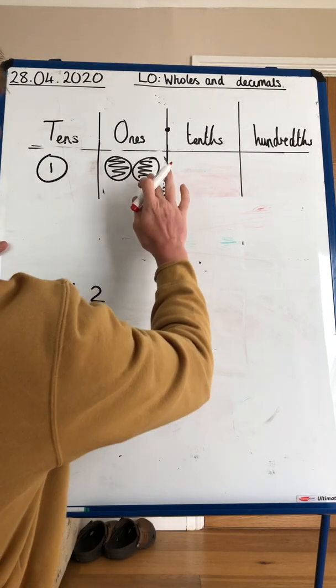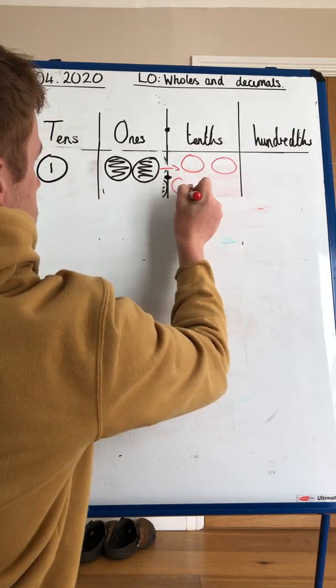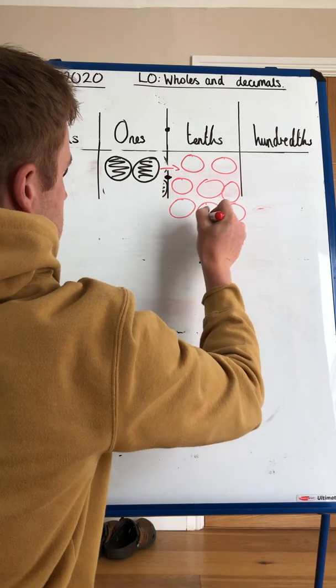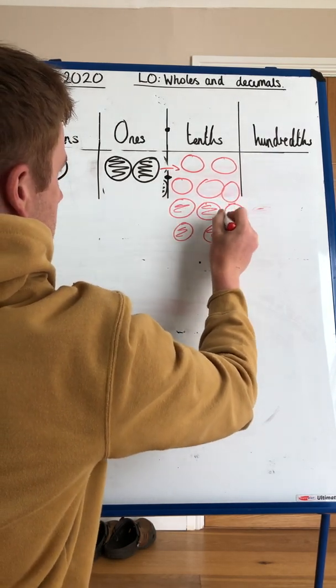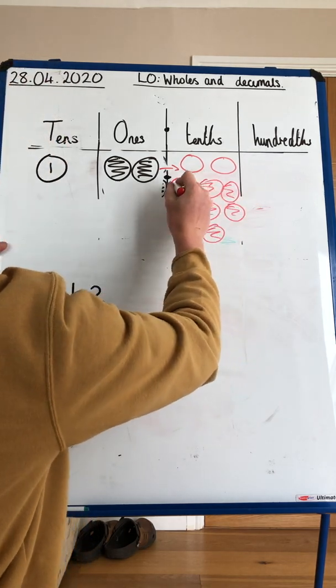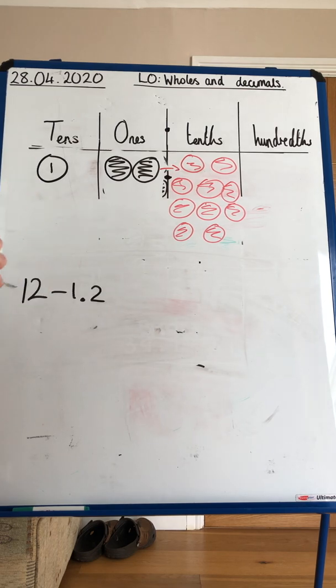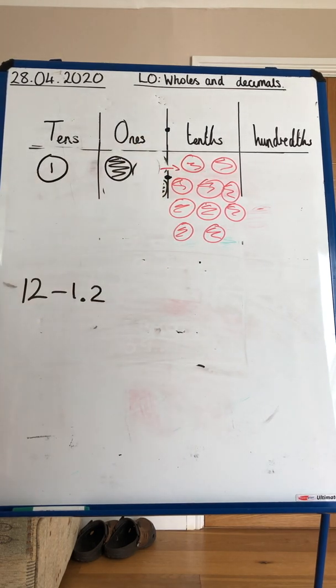So, I'm going to put this over here. So we're going to have 1, 2, 3, 4, 5, 6, 7, 8, 9, 10. Okay, there we are. I'm also going to get rid of this one. There. So we've made that exchange.